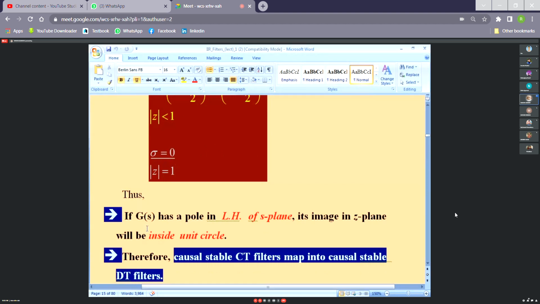The implication is that if G(s) has a pole in the left half of the S plane, the image of this pole in the Z plane will be inside the unit circle. Therefore, causal stable continuous time filters will result in causal and stable discrete time filters if you carry out discretization by this bilinear transformation technique.